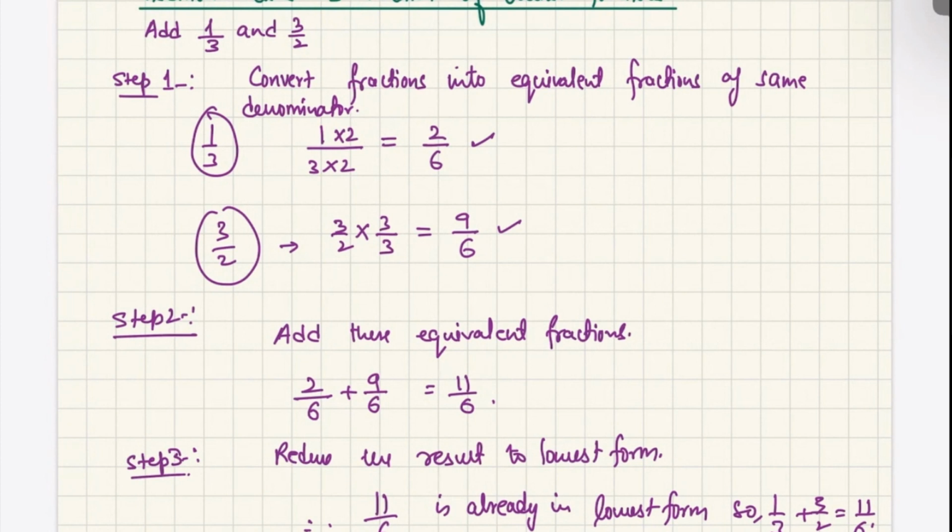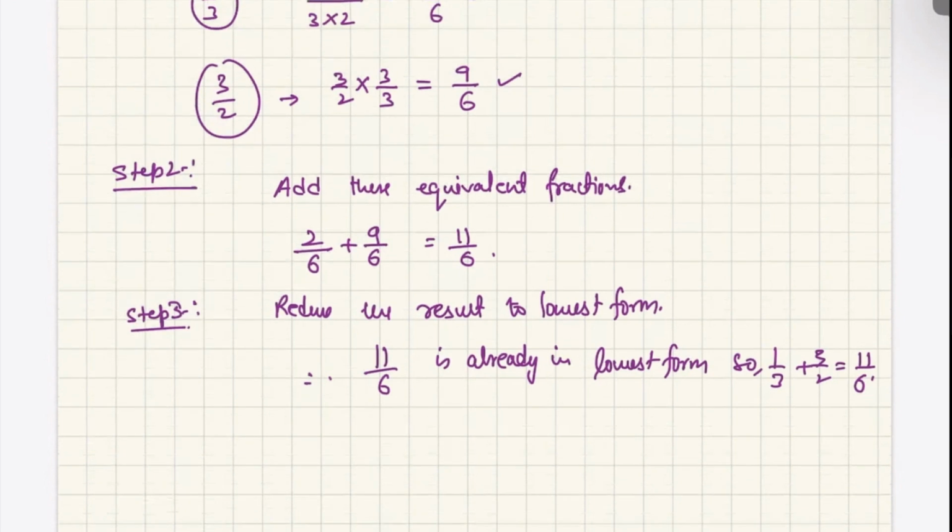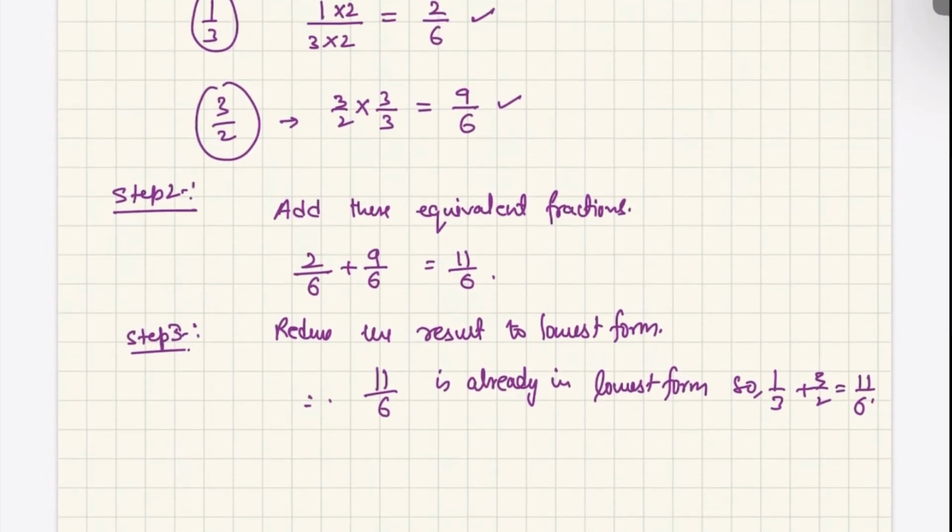I'll explain it with one more example. All right. So the next example that I'm going to write, let's choose a subtraction question. So the question I'm going to put is: subtract 7 by 12 from 5 by 6.